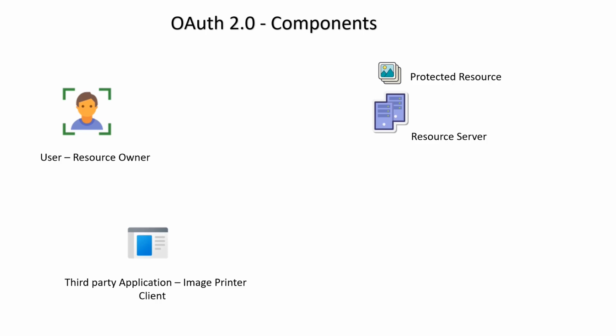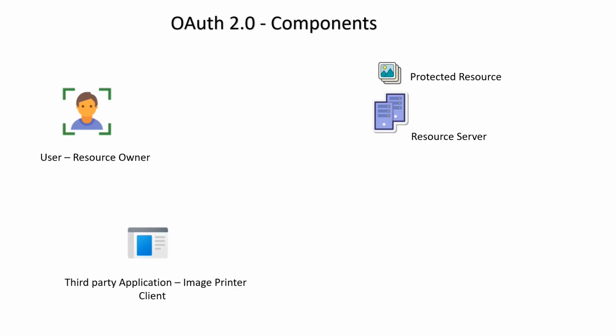Now the user wants to print the images which are on the resource server using a third-party application, like an image printer application, which we can also call a client. So now we can see there are four components in OAuth 2.0 so far. We have a protected resource stored on the resource server.